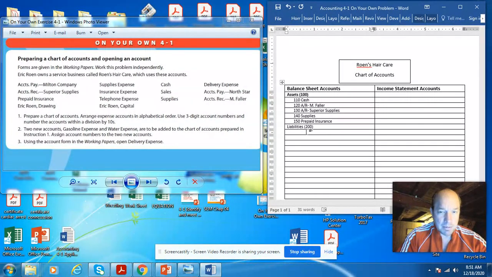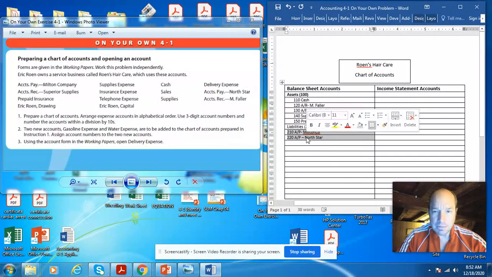So we're going to go with 210, and that would be A/P Milton, right? And 220 A/P North Star. So we took care of the liability section of the chart of accounts.